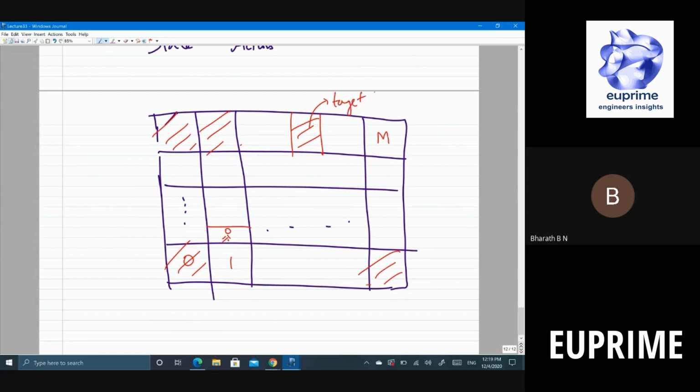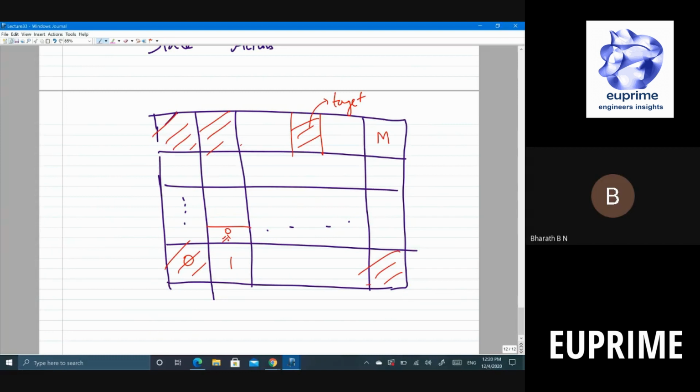The task at hand is for the robot to go to the target. The target is, let's say, a water bottle or something. It has to pick it. So that's the target, that's the problem. Now the states are clear. The position is basically your state.